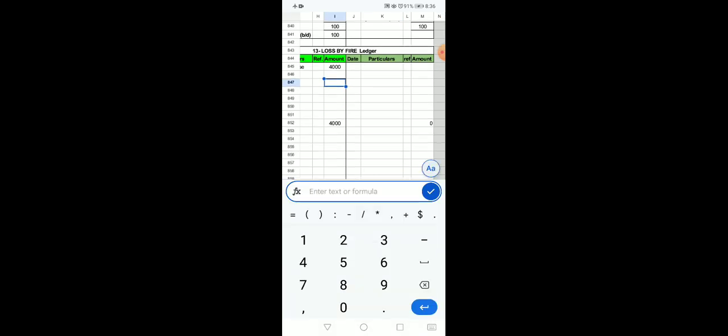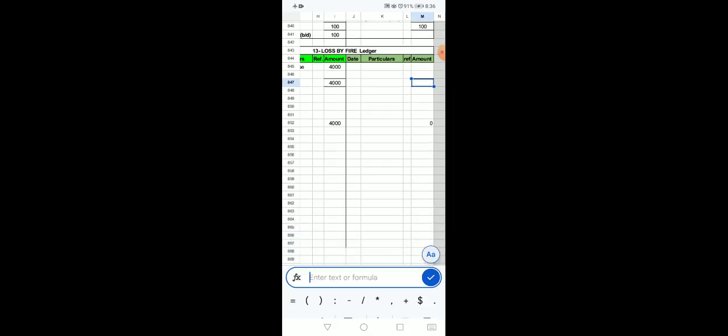You will write 4,000 on debit side and same balance on credit side as well. So what you have done, sum of both sides, you have chosen the larger sum and you have written the same larger sum on total of both sides.